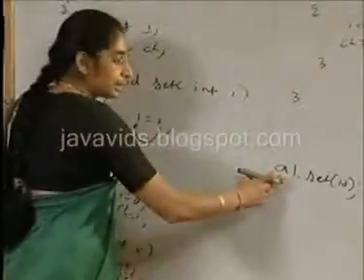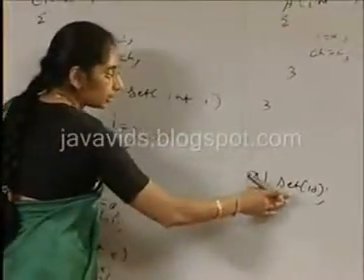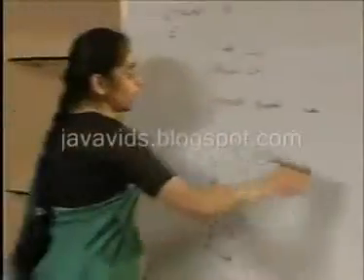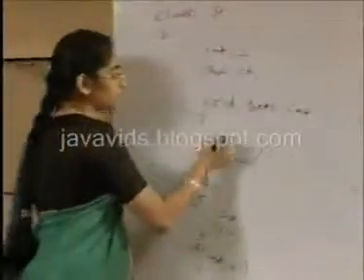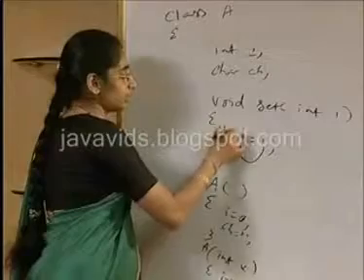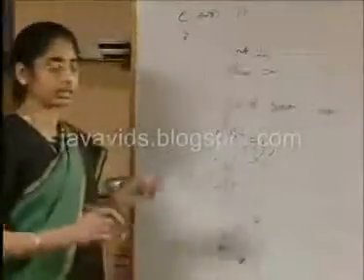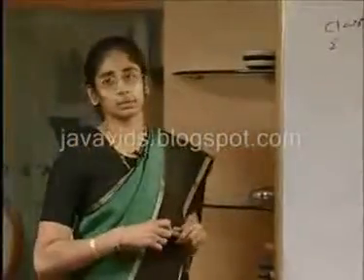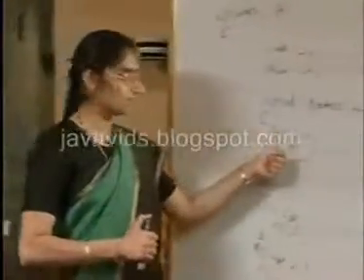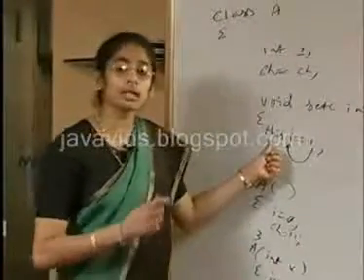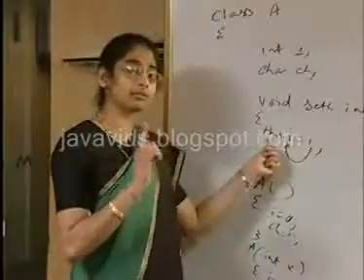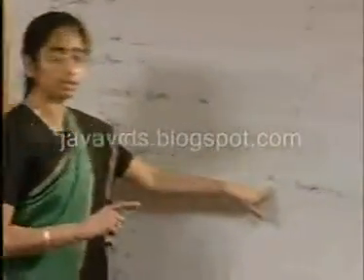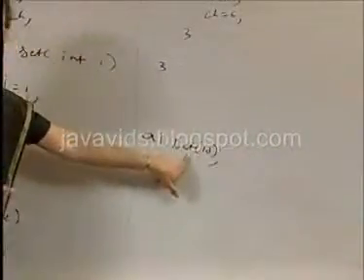Now to refer to whatever object variable I have used in order to invoke the method, if I have to refer to that object variable inside that method, we use the this reference. So you need to say this.i is equal to i, and the this reference always holds the reference to the current object variable which was used to invoke the method.